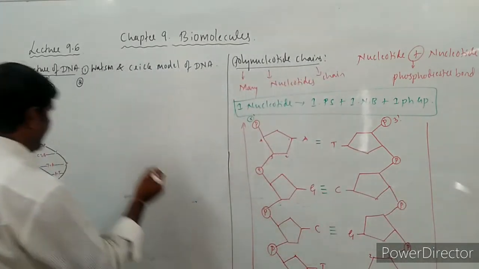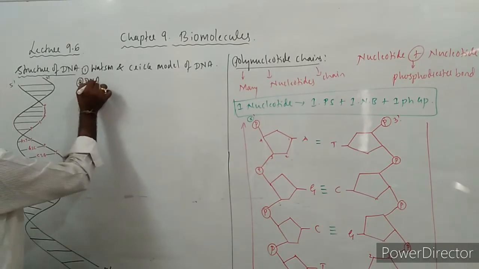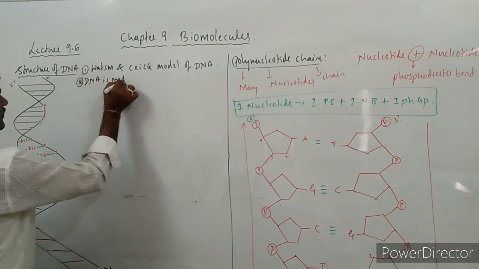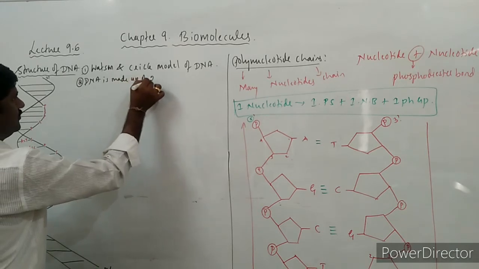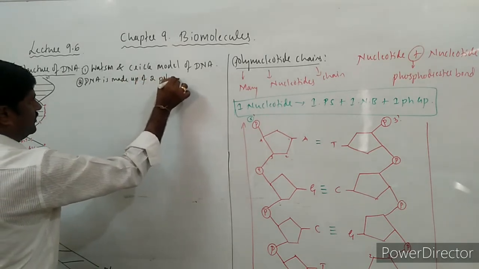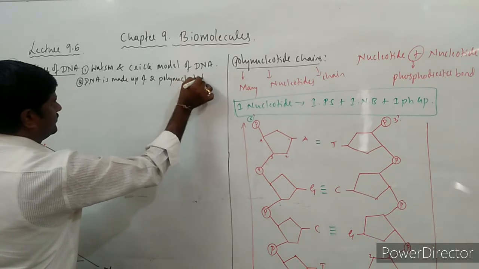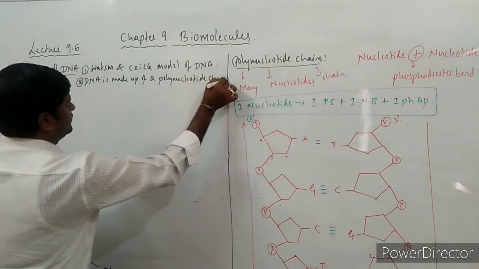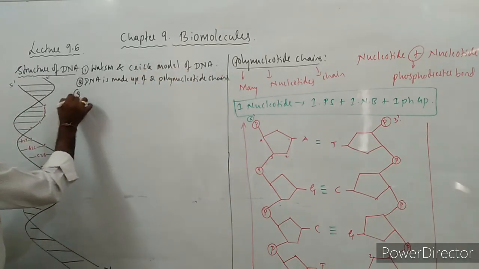DNA is made up of two polynucleotide chains, right?